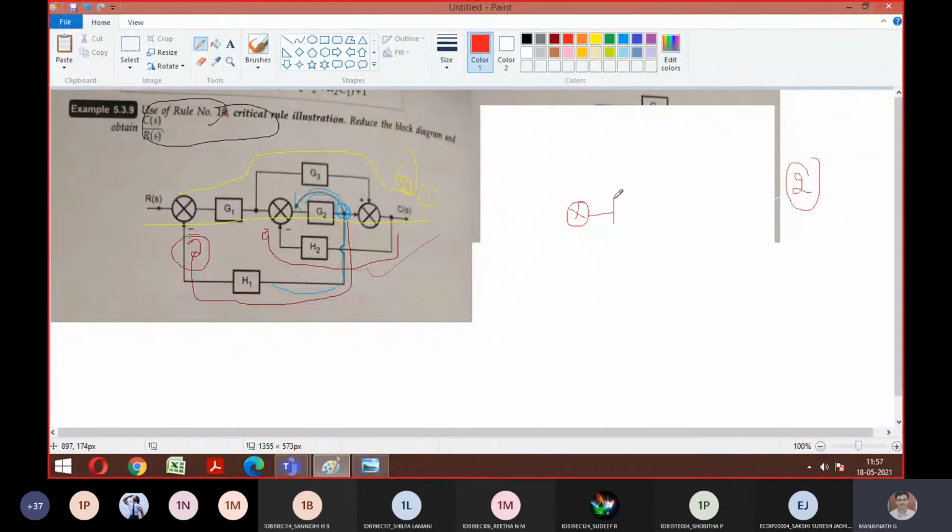Here you have G2, and you have one more summing point. This has a feedback of H2. Then there is one more G3, which is given to this summing point. So this is how it looks, guys. Is it okay?